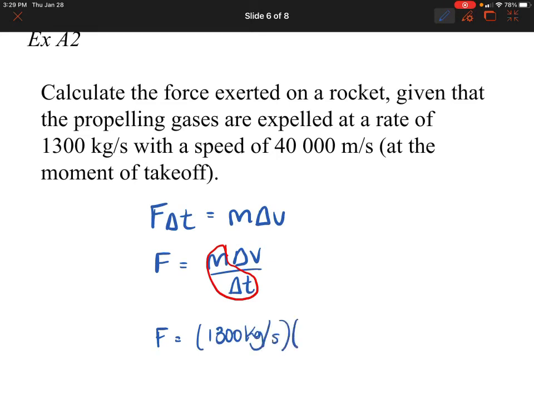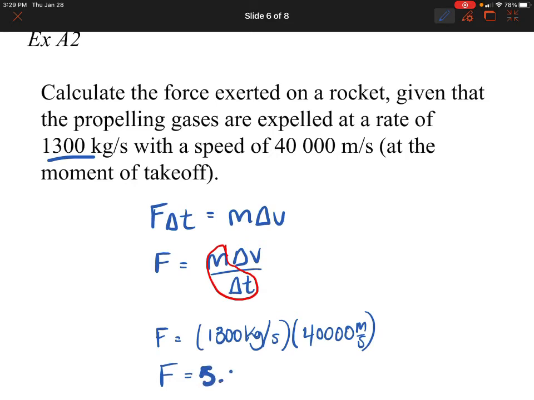We got 1,300 kilograms per second times 40,000 meters per second. And that technically is our change in velocity, because that would be minus 0, which is our initial, so I'm just not going to write that. So what do we get for force? Well, first of all, we only need 4 significant digits because we have 4 and 5. We take the smallest amount.